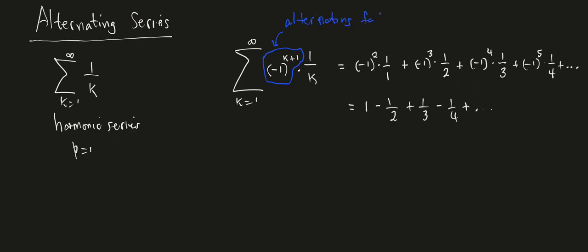Right? And it's this additional factor now that gives us some terms that are positive, some terms that are negative. In fact, you can loosely say that half the terms are positive and half the terms are negative, right? And this will be our approach.